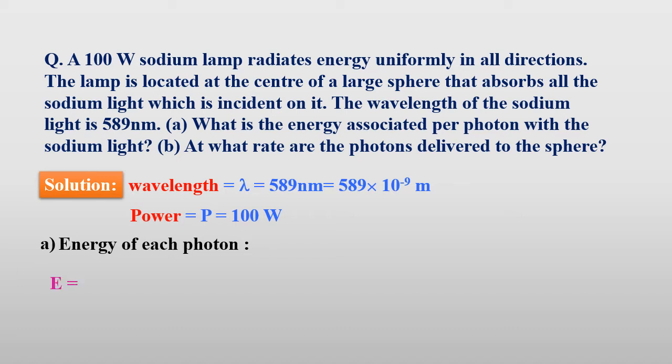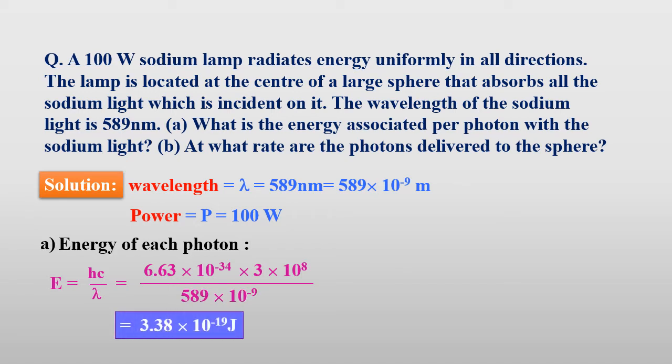Energy of each photon E is equal to h nu, and nu can be written as c by lambda. So 6.63 into 10 to the power of minus 34 is Planck's constant, the speed of light is 3 into 10 to the power of 8, and lambda is 589 into 10 to the power of minus 9. By solving, we get the answer 3.38 into 10 to the power minus 19 joule.